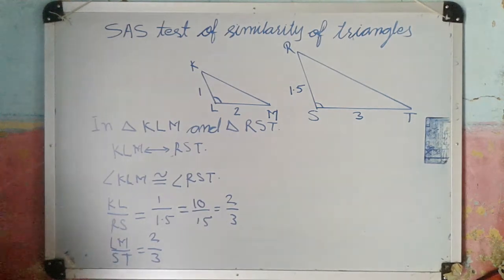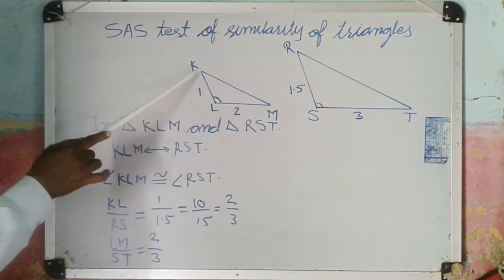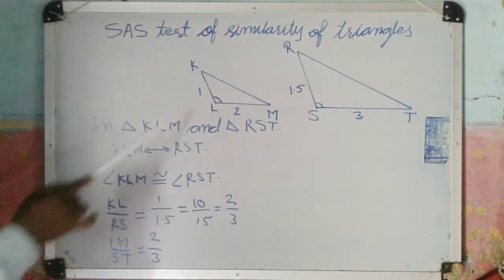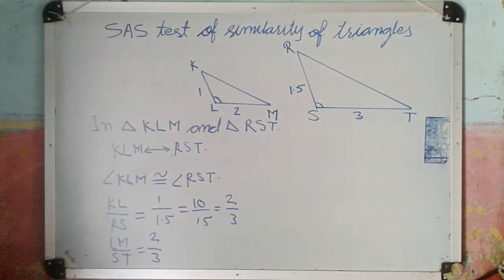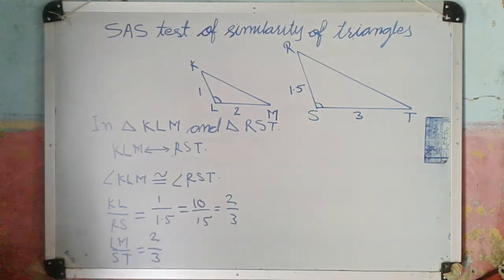That means in this side test, we have two pairs of corresponding sides. Which two pairs? The first pair is KL and RS, and the second pair is LM and ST. These two pairs of corresponding sides are in the same proportion, that means their ratio is equal.